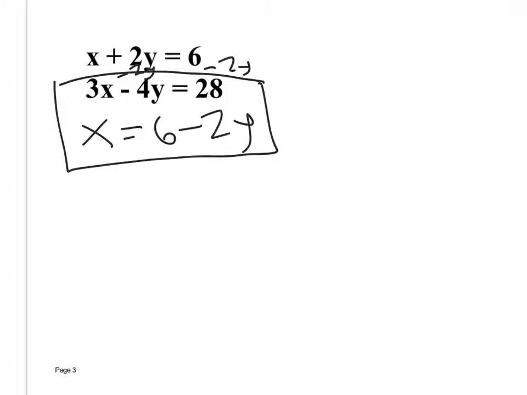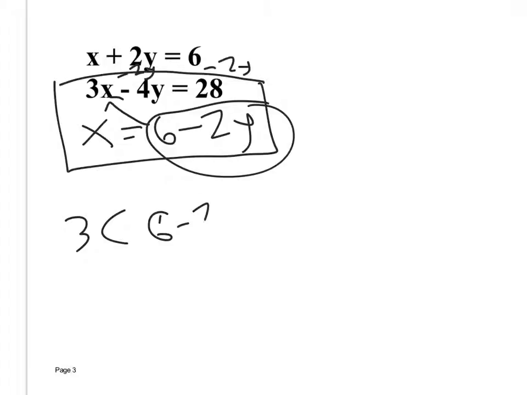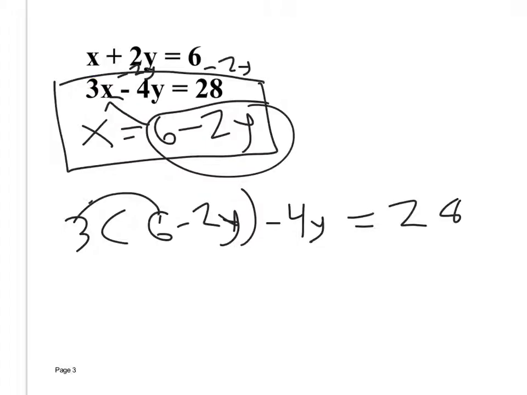Now what I do after I've solved for x is I substitute. I replace x with 6 minus 2y. So I take 3 and I times it with x, which is 6 minus 2y. And then I'm going to subtract 4y, and that's going to be equal to 28. Again, make sure when you multiply, this is all times by x. So I have to distribute and do 3 times 6 and 3 times -2y.